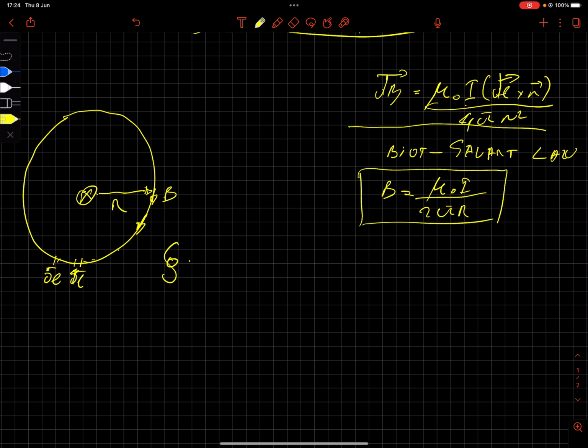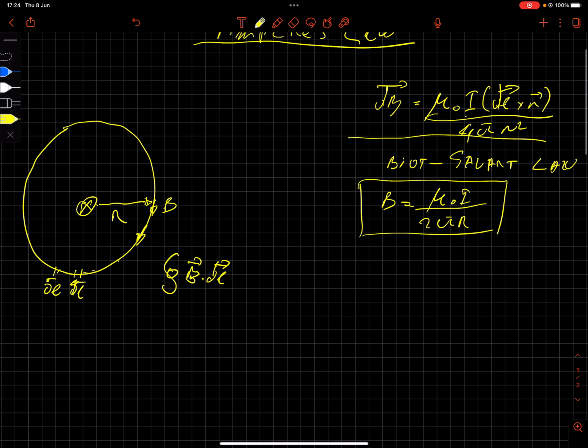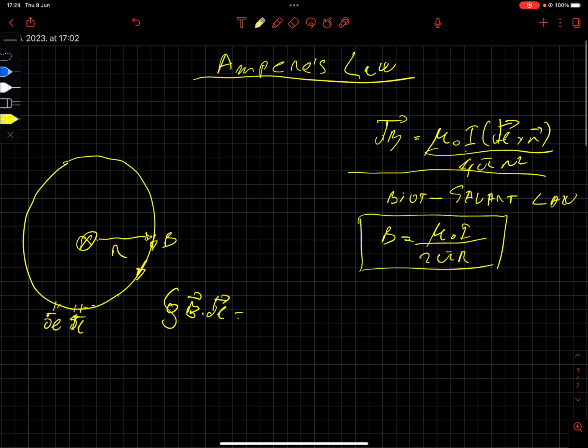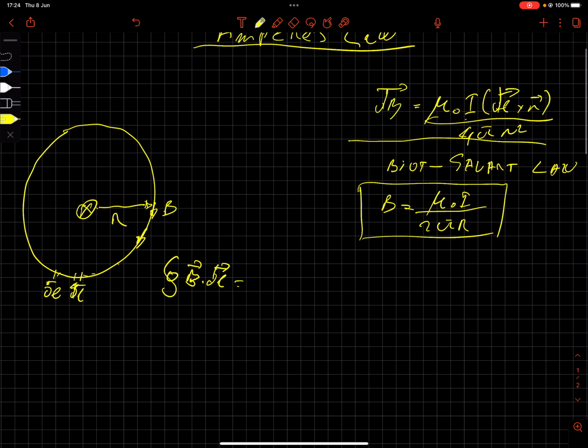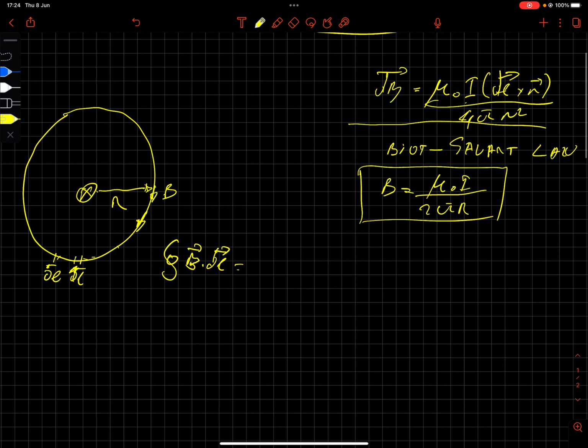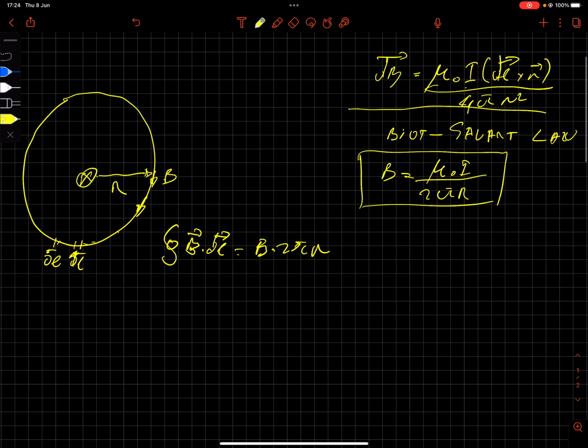So we have magnetic field times dl, and we can calculate this. Since the magnetic field and dl are in the same direction, this line integral is quite simple, and it's equal to magnetic field times 2 pi r, which is quite simple.